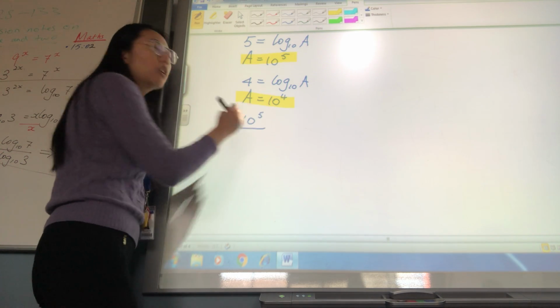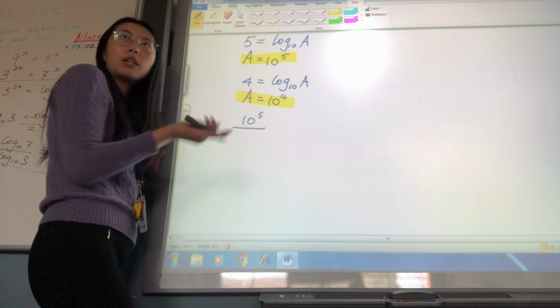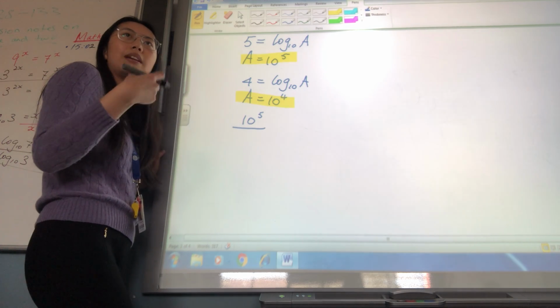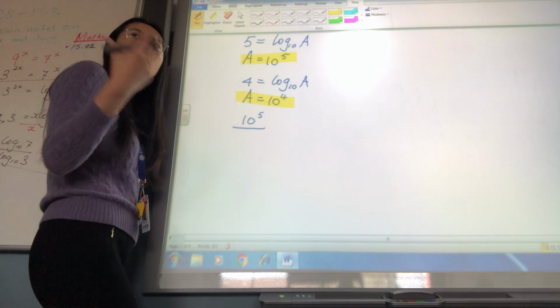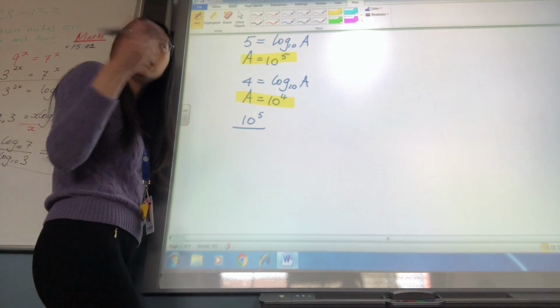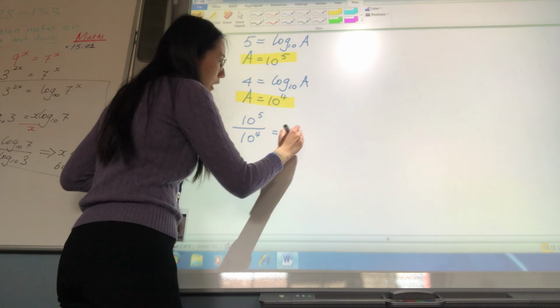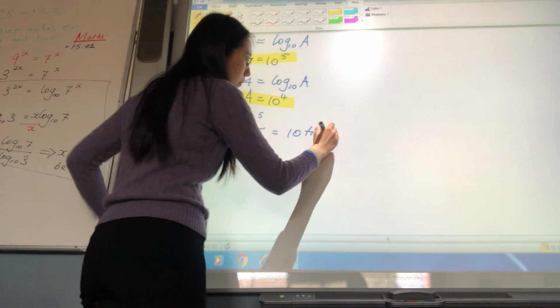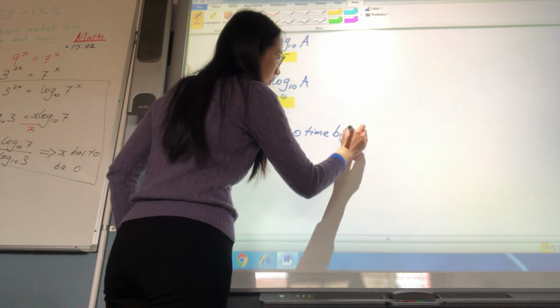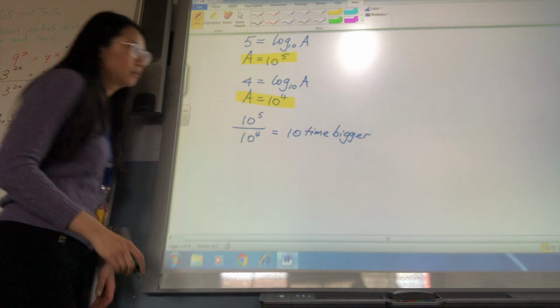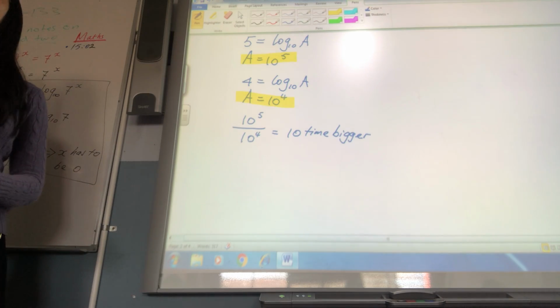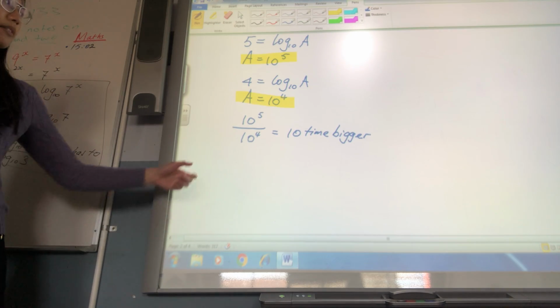Always do the big number on the top, small number on the bottom, because it's more natural to say something's a whole number times bigger than another thing instead of something smaller, right? So 10 times bigger. Ten times more intense.